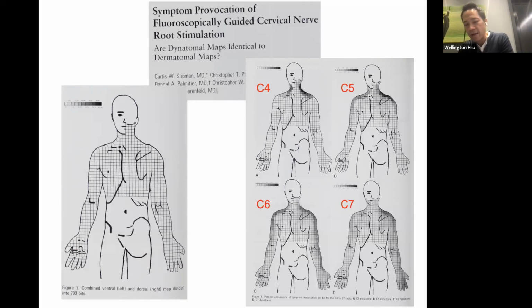But as the other gray colors indicate, there are many individuals that do not have the classic presentation of a dermatome. So just because somebody doesn't have the classic dermatome for the pathology that you would expect on MRI doesn't necessarily mean that that pathology is not causing that individual symptoms.